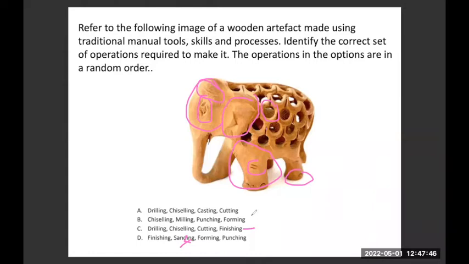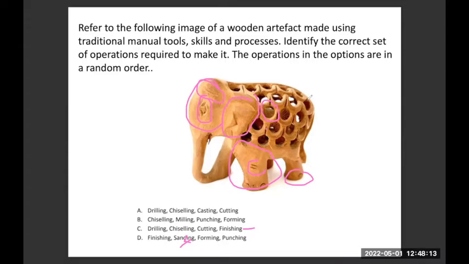So I would say I'm not going for that at all, because they are not a part of wood as a process. The third option, which is C, says drilling, chiseling, cutting and finishing, which I will say yes, I can see those implications here, and that's why I said you look at these processes. I have seen these processes, and that's why I can say that all these four are involved in this. So please have a look at it.